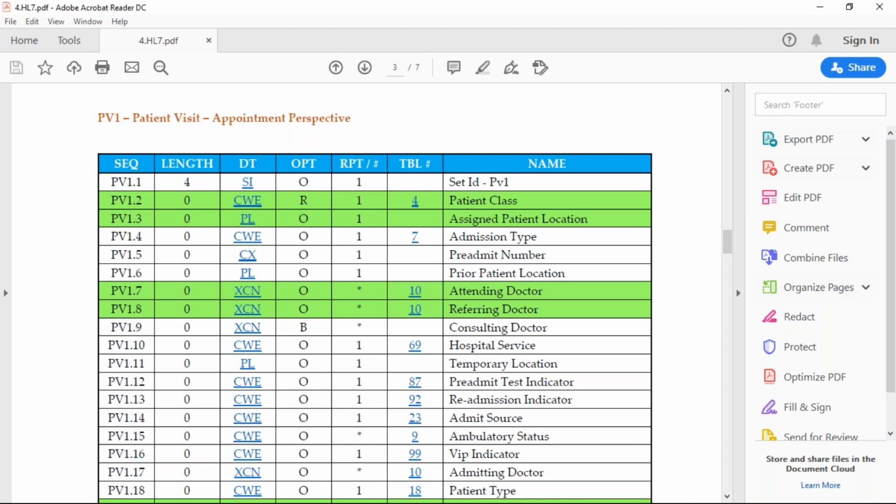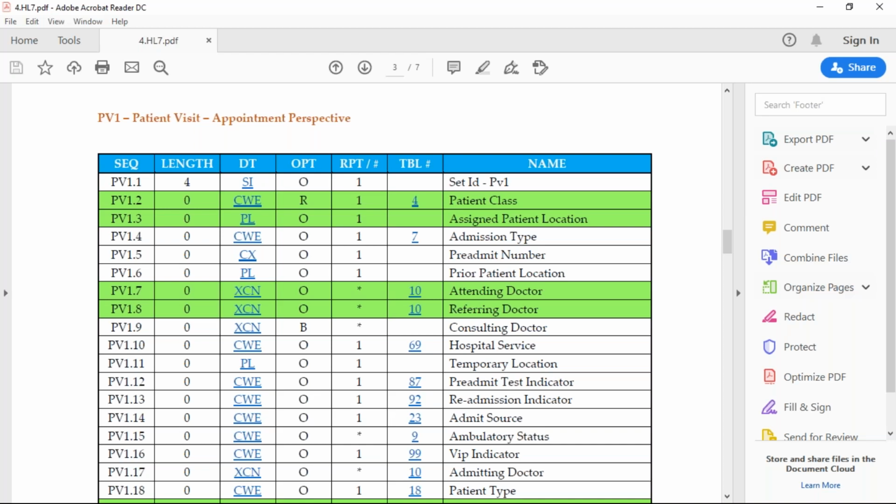Now we will talk about further fields from an appointment perspective. PV12 indicates patient class, which represents whether a patient is an inpatient, an outpatient, or an emergency visit. That kind of information is communicated in PV12.